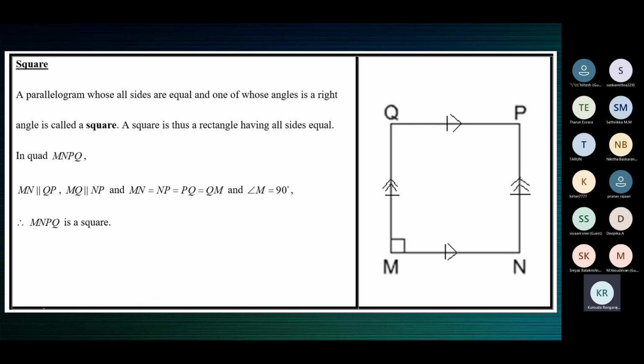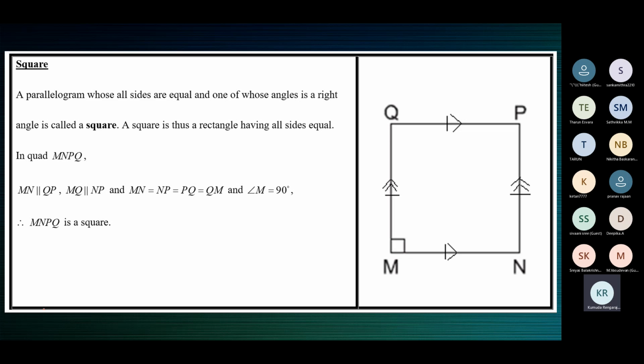So we were talking about quadrilaterals where the diagonals bisect the corner angles. Name the quadrilaterals in which the diagonals bisect at right angles.